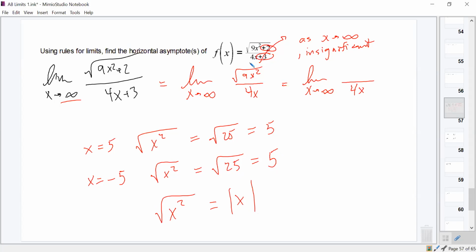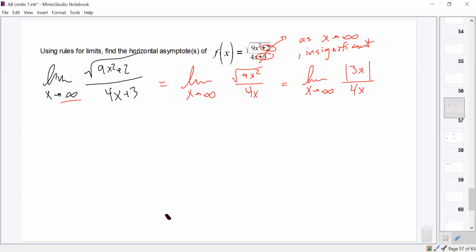So what should we write as the square root of 9x squared? That ought to be the absolute value of 3x. And that'll take into account the plus or the minus that somebody said about that. Everybody good with that? All right, cool.